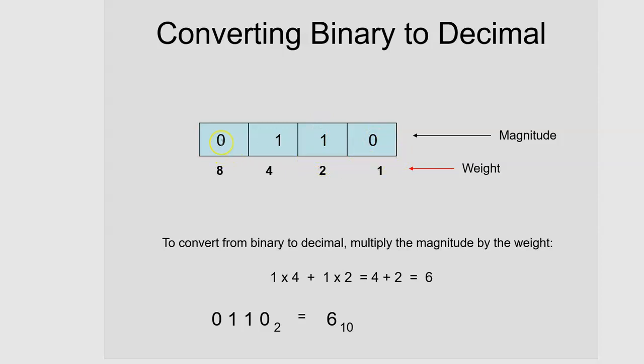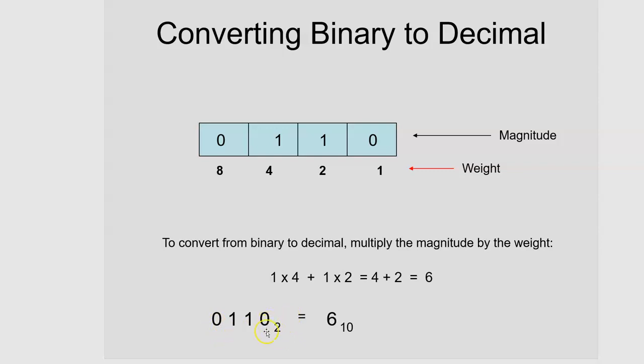I have a binary number 0, 1, 1, 0, and I want to convert that to decimal. So 0 of these, I don't have any 8s. I've got 1 of these, a 4. I've got 1, a 2, and I don't have any 1s. So if I take a 4 and a 2 and add those together, I get a 6. And so down here, notice a little 2 here.